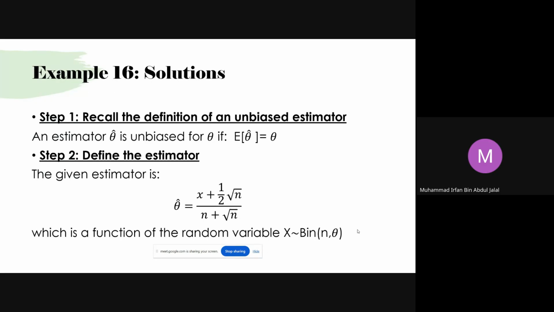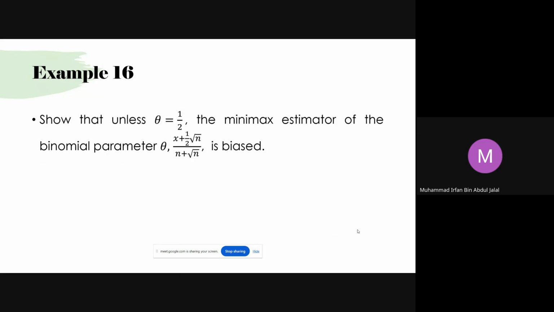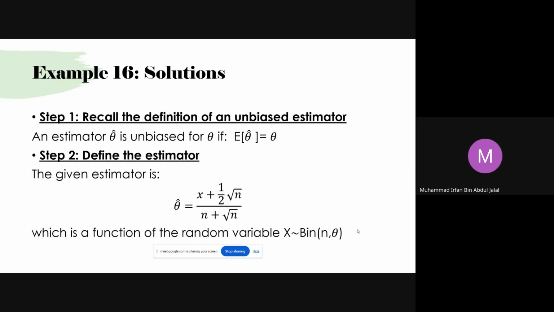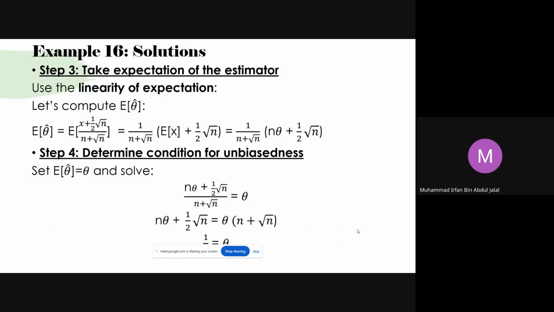For example, the estimator for this binomial parameter will only be unbiased when theta equals 1/2. You can always put different values for theta here.